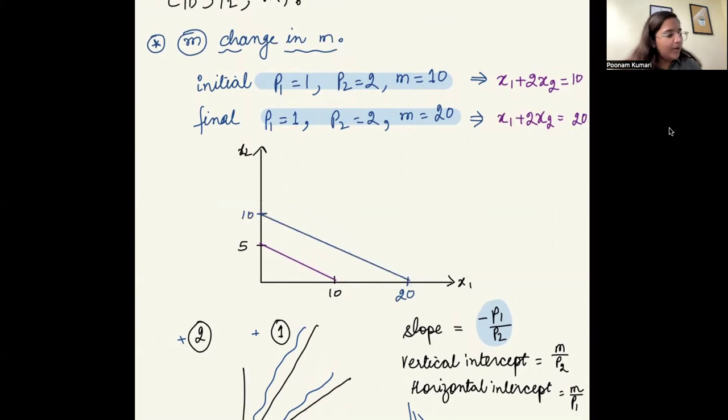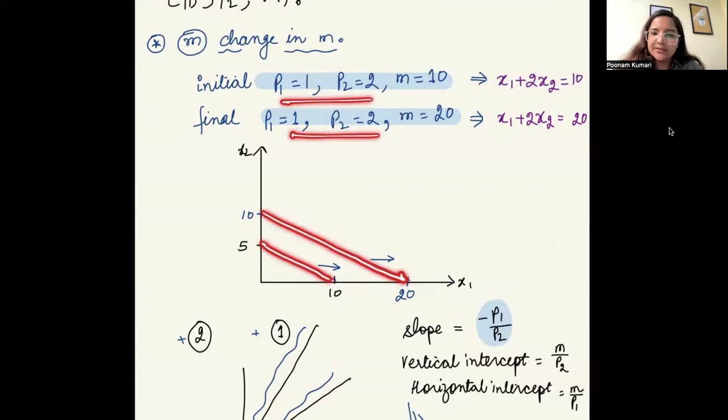Now tell me what is the slope of this line and what is the slope of this line? Minus P1 by P2 for both the lines, and P1 by P2 is the same for both these lines. So what does that mean? Both these lines have to be parallel to each other.